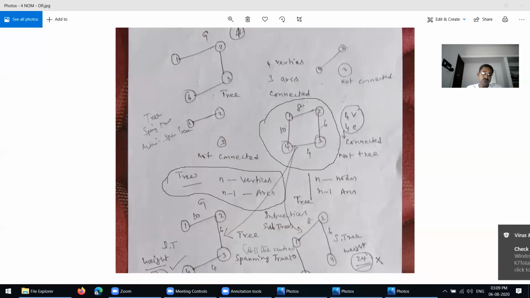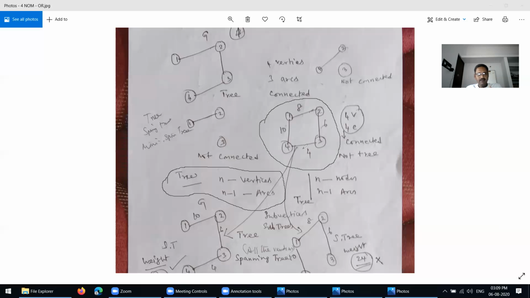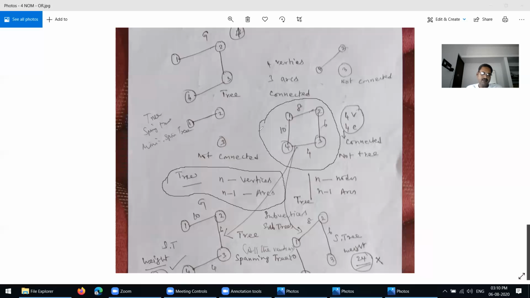So this one is a connected graph, but not a tree. From this connected graph, we have to develop many subsets. The subsets may or may not be trees, but we have to find a group of subsets for this network.